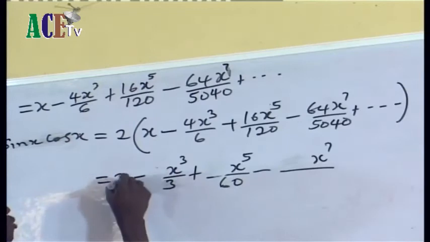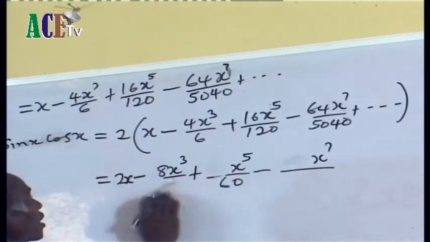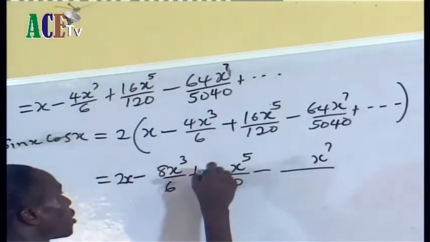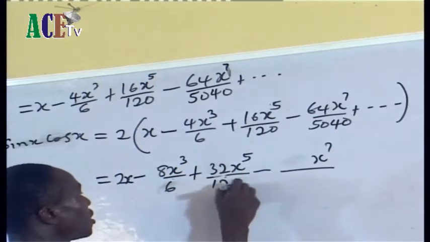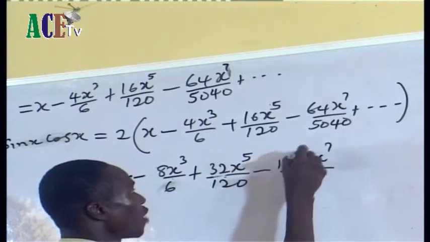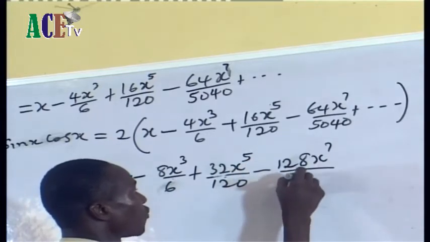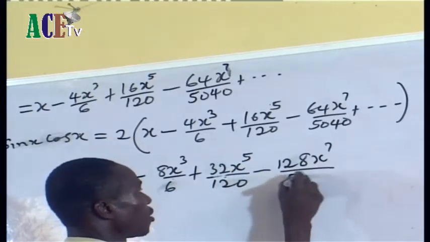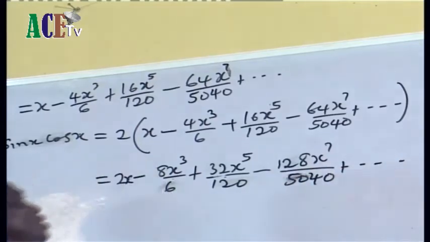I'll get this one 2x, 8x over 6. I'll get this one 32x over 120. I'll get this one 64 times 2 will give me 1280 over 5040. And that will continue.